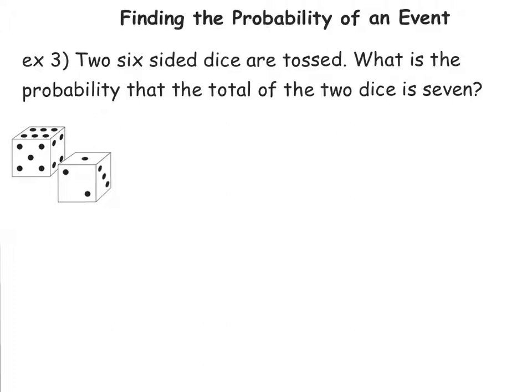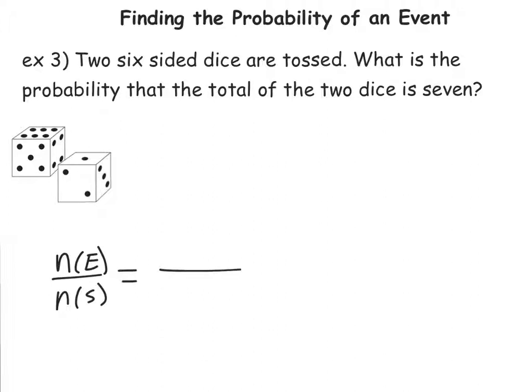Okay, so let's split this up into two parts. Number of ways the event can occur and the number of outcomes in the sample space. Let's do the sample space first. Notice I keep coming back to this definition.